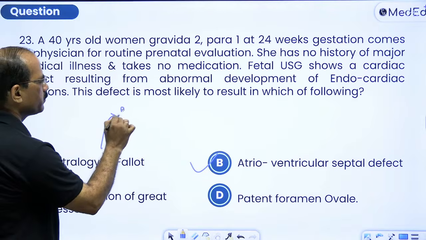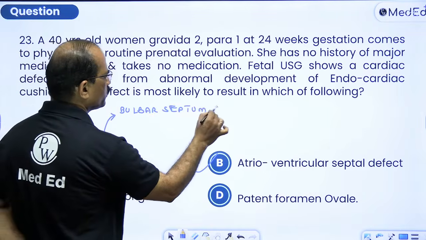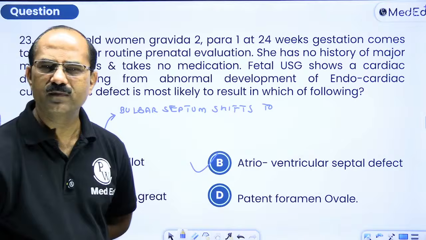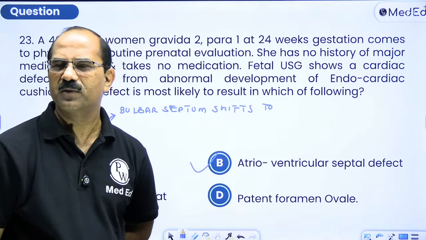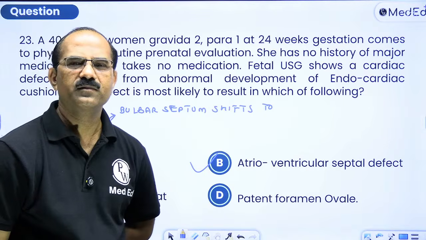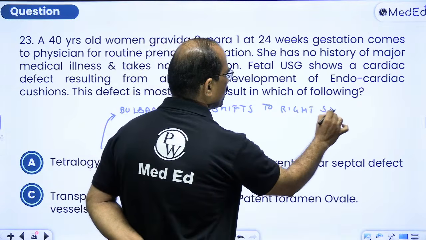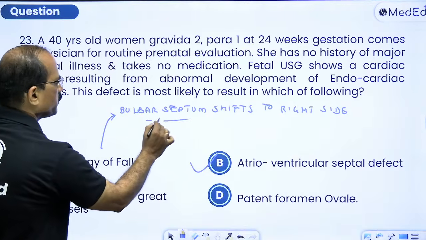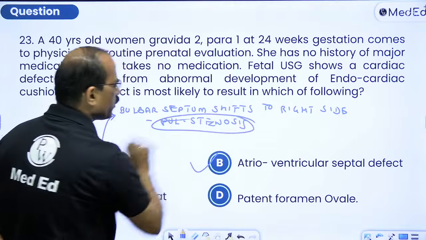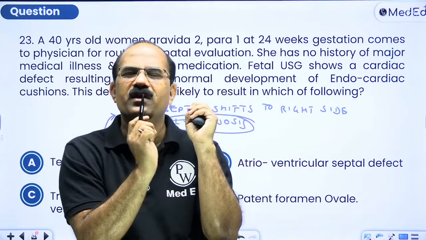The bulbar septum shifts to the right side. The main cause of TOF is that this septum shifts to the right side.